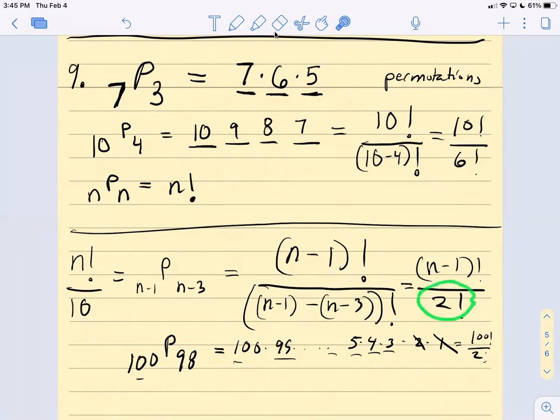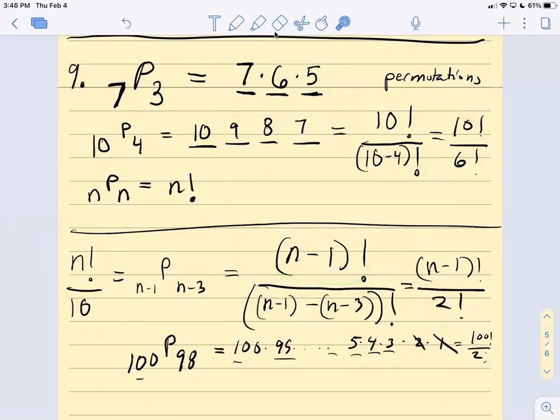The 2 is because, do you see that n minus 1 and n minus 3 are only 2 apart? Yeah. So those are 2 numbers apart. If I had n minus 1 P n minus 1, that would be just n minus 1 factorial. But what this is saying is you're not going all the way down to 1.